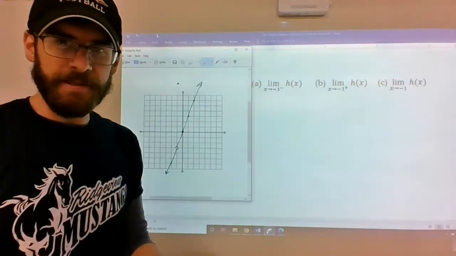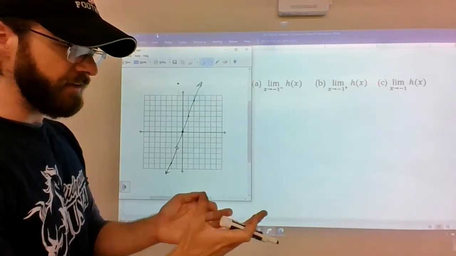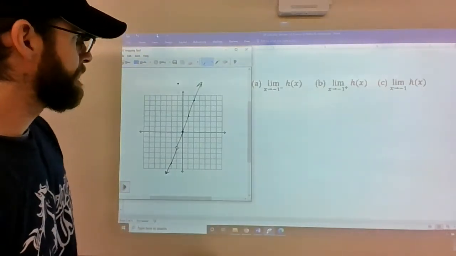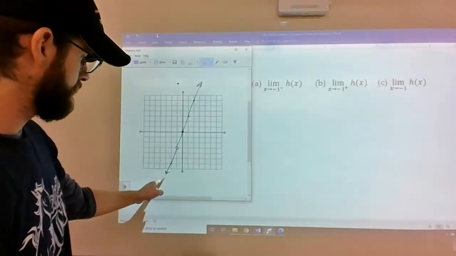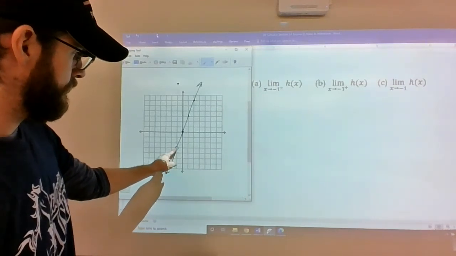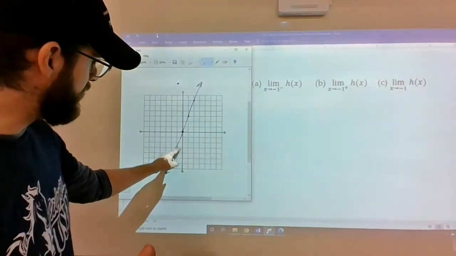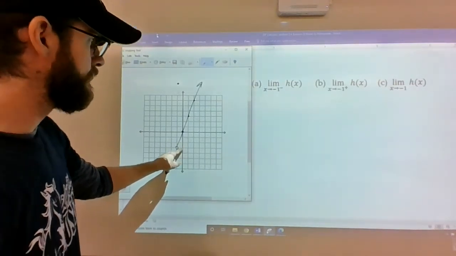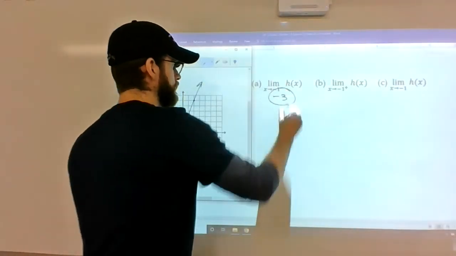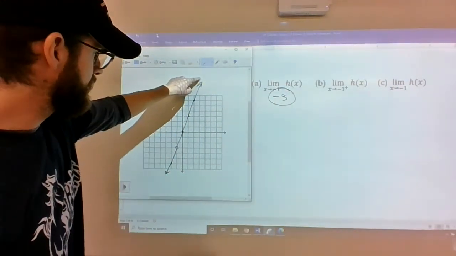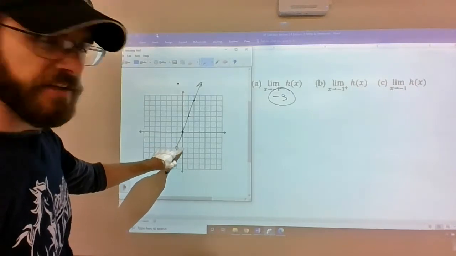So you got to dig a little deep. Remember our graphing training on all this. From the left, it equals negative 3. From the right, it also equals negative 3.